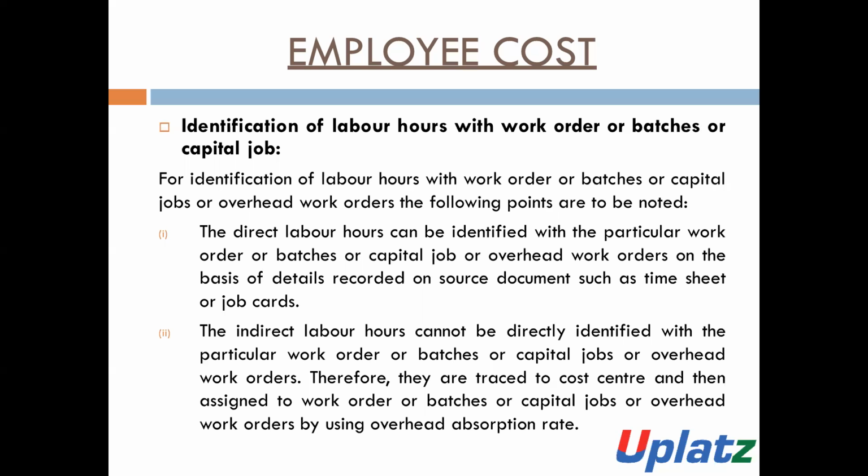That is, the indirect labor hours cannot be identified directly with a particular work order or batch or capital job or overhead work. Therefore, the indirect labor hours are traced to the cost center, then assigned to the work order or to any current job, capital job or overhead work done by using the overhead absorption rate.